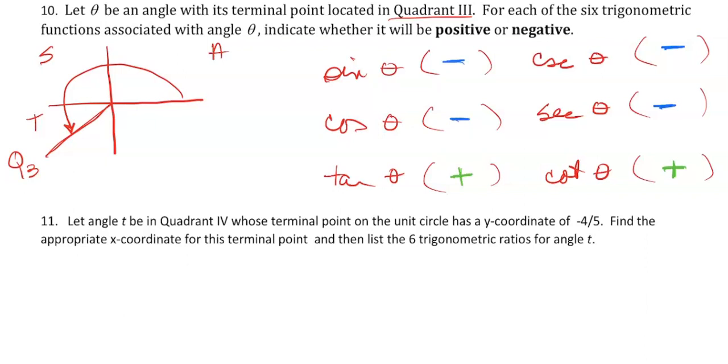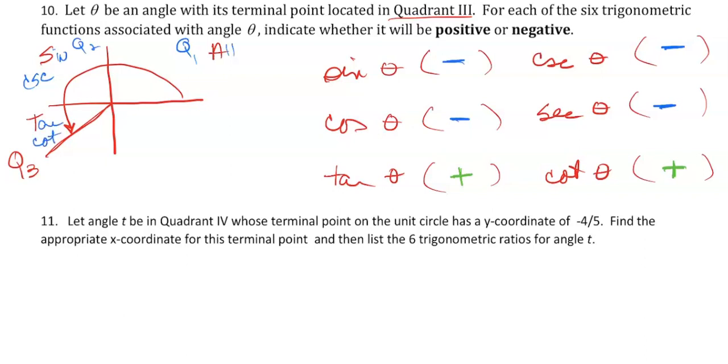Just a quick aside, the A, the All, stands for all 6 trig functions. They're positive in quadrant 1. In quadrant 2, it's sine and cosecant are positive. In quadrant 3, tan and cotan are positive.